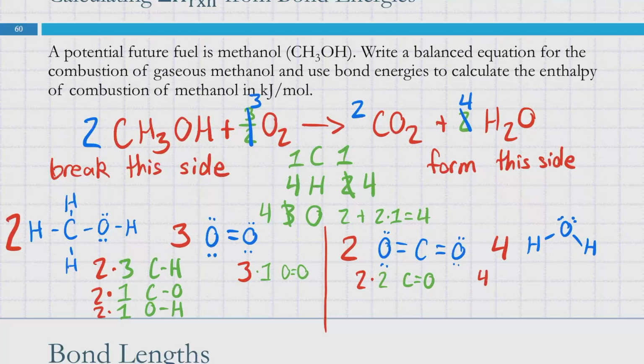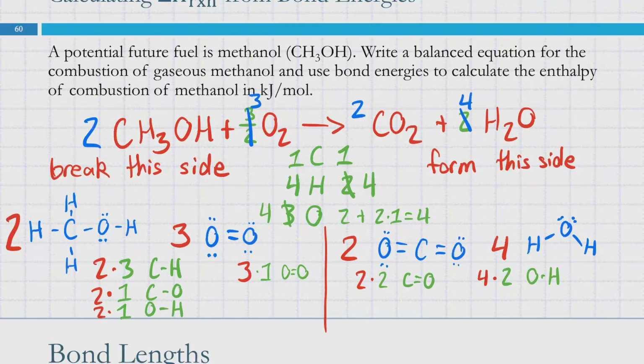And we've got 4 times 2. We'll keep writing it as OH, just because that's how it showed up earlier. Questions about the bond counts?